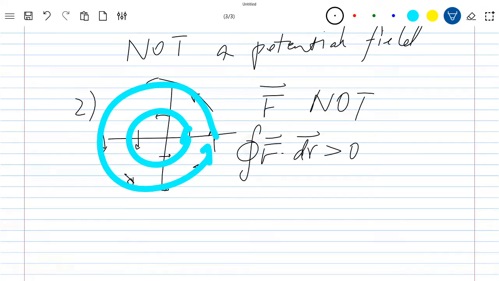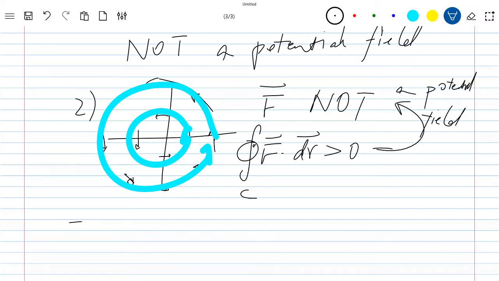So this means it's not a potential field. So you can tell it from a graph without even being given a function.